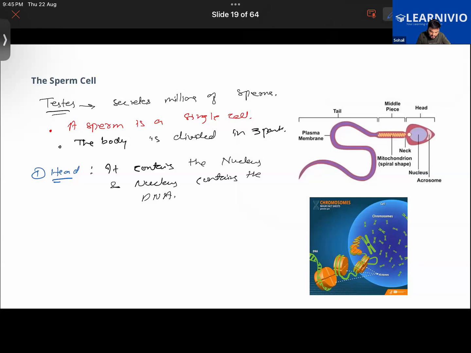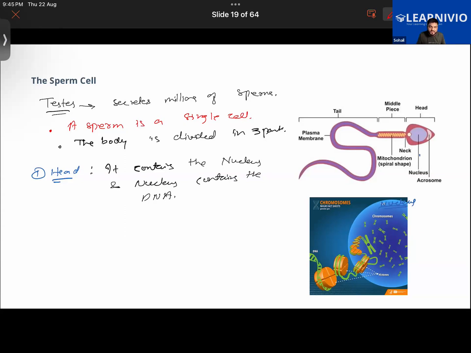This is the nucleus, the rounded structure that you see over here. Inside the nucleus, you can observe various thread-like structures.